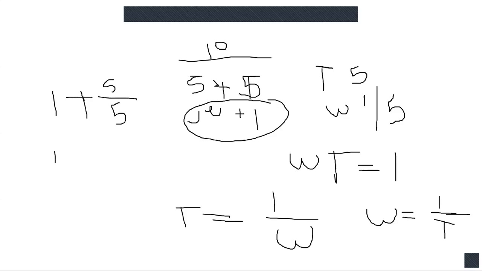In this case, what is t according to the standard time constant form? T is equal to 1 by 5, and so omega is obviously equal to 5.